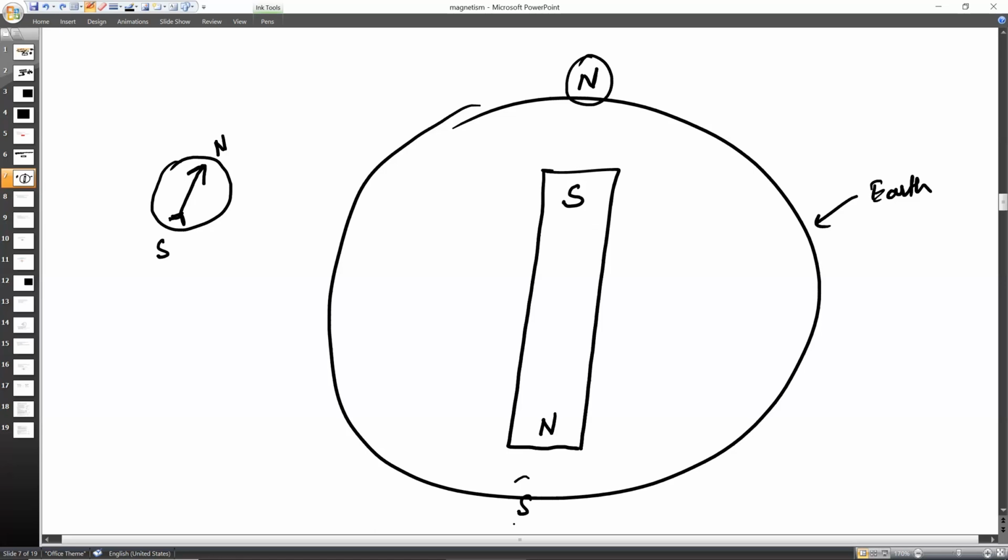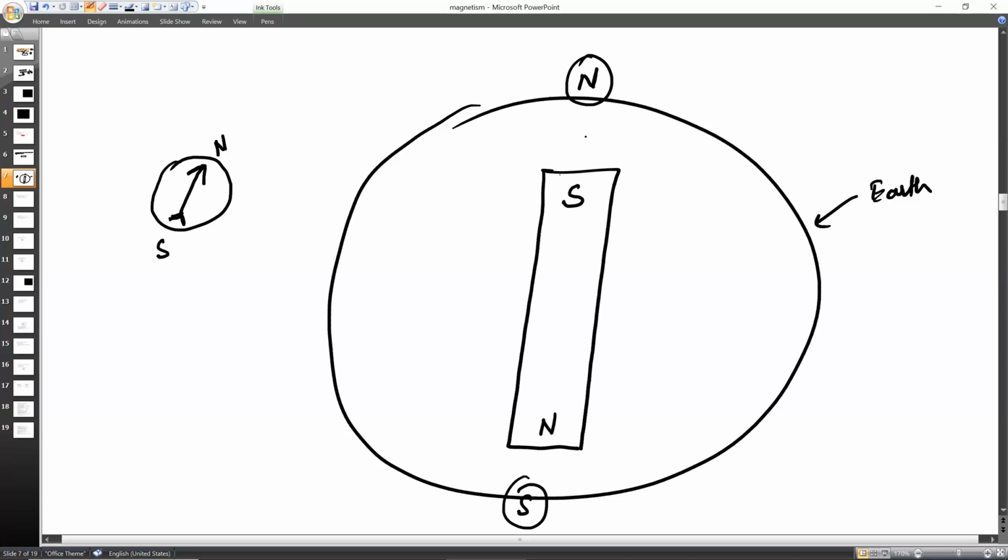The geographical south pole and the north pole of the imaginary bar magnet present inside the earth are actually the opposite here. So the north pole and the south pole lie together in the same direction.